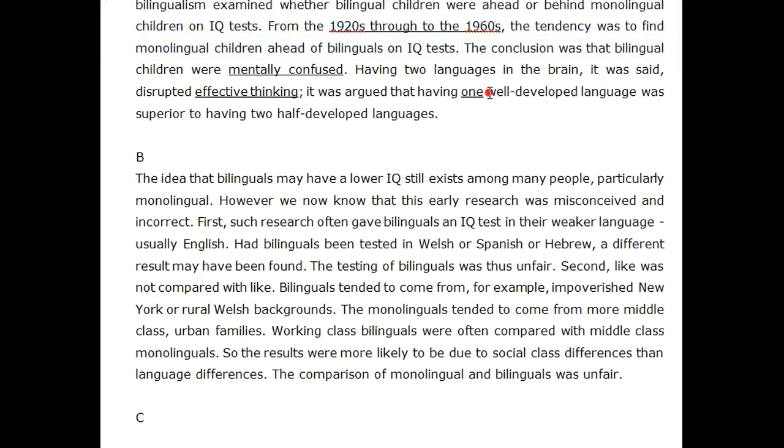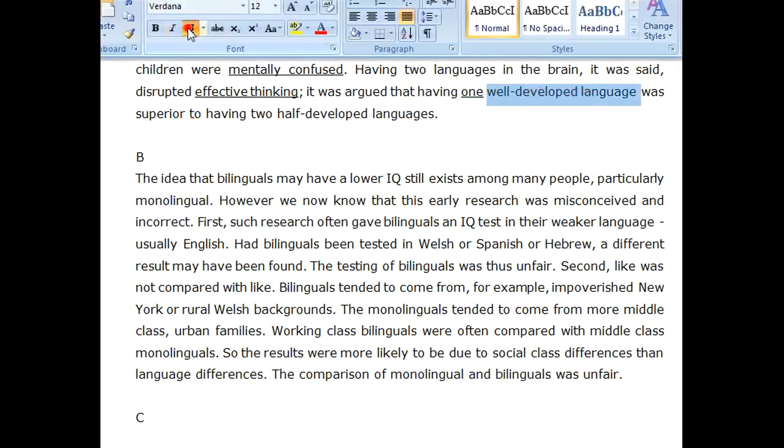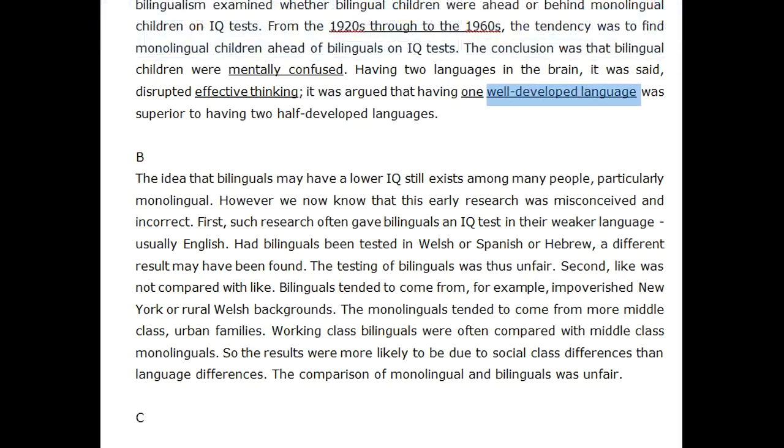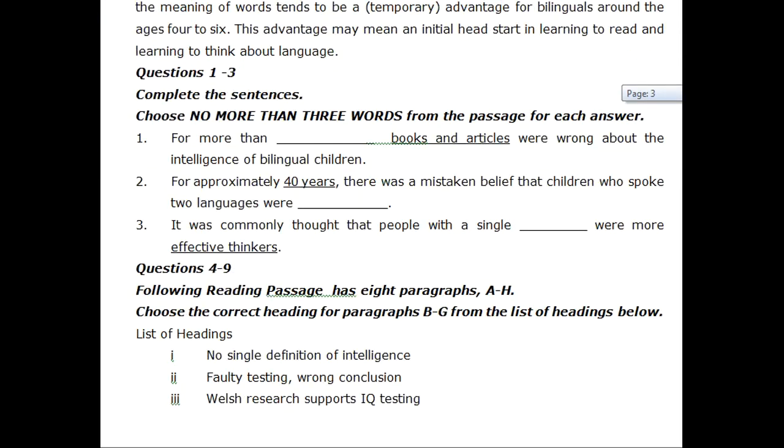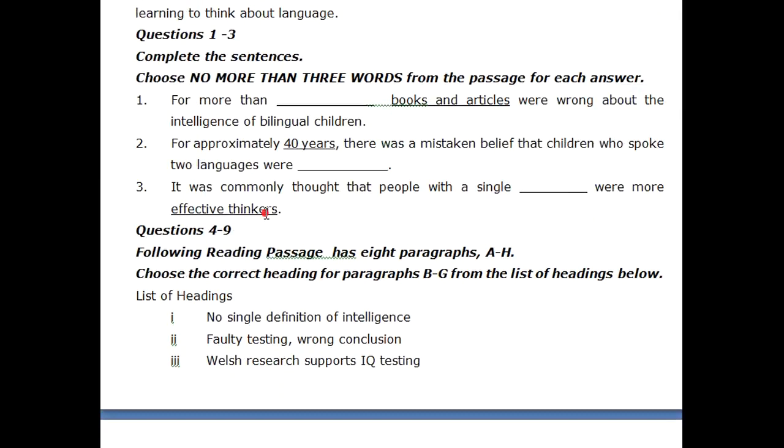Okay, so single well-developed language is the answer here. Single well-developed language counts as two words because there is a hyphen in between. To see how many words are allowed, you can see three words, so that's no problem. We can write single well-developed language.